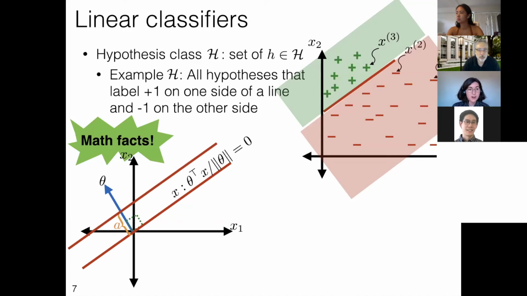And you'll see that you're also going to get a line, and it's going to be essentially a distance away from our first line. And this line is the set of x such that the projection of x onto theta is equal to a.